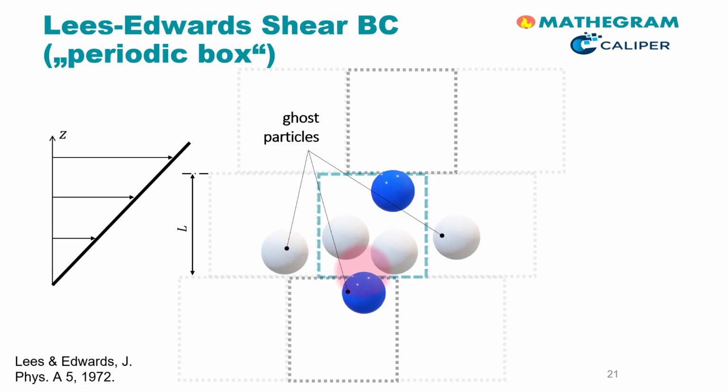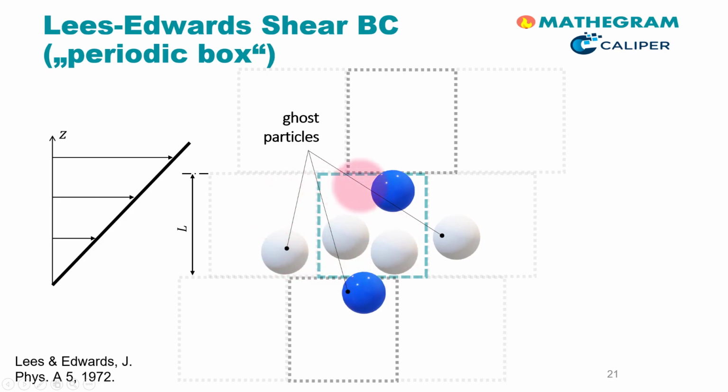Also note that ghost particles are shifted into a certain direction. In our case, the blue particle is shifted in the negative z direction and the white particles in the positive and in the negative direction.